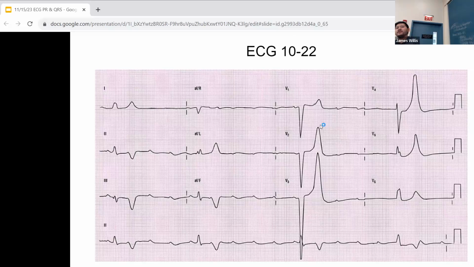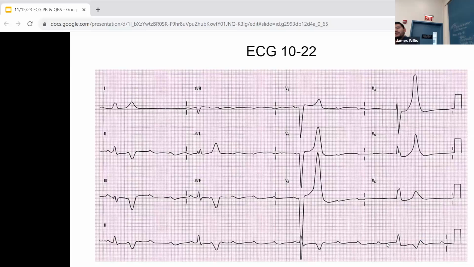What's the differential here? Yeah, so it's third degree. You do see the PR intervals, they're different from the three QRS complexes here.